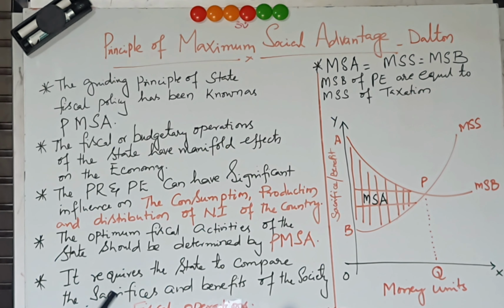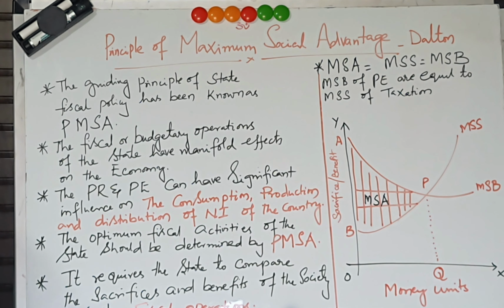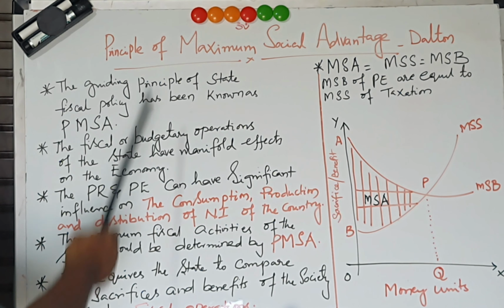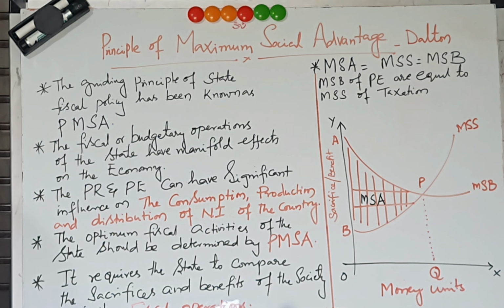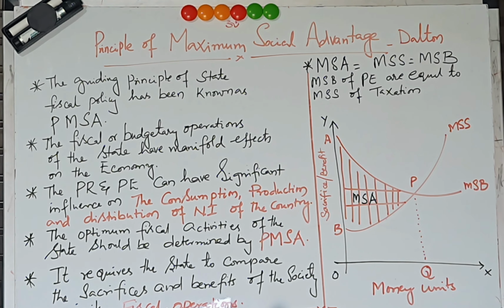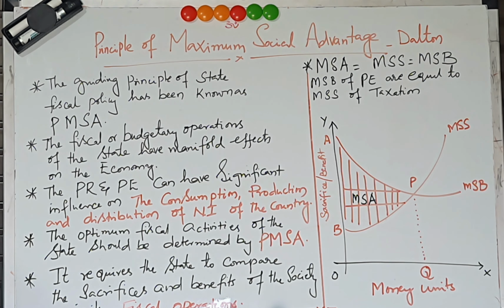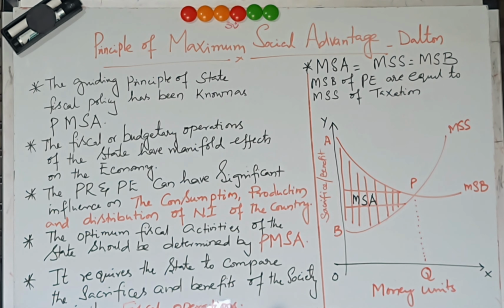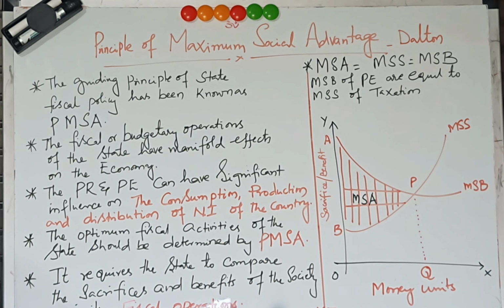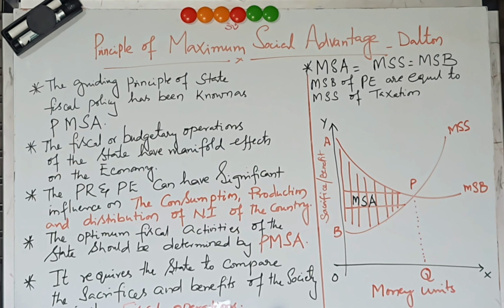The fiscal or budgetary operations of the state have manifold effects on the economy. Every activity of the government, taxation or public expenditure, both are influencing the economy to a large extent.